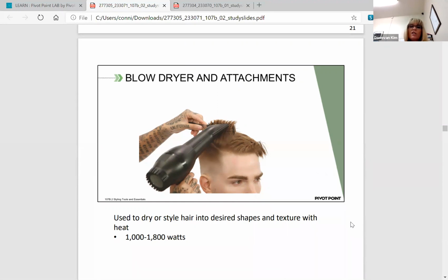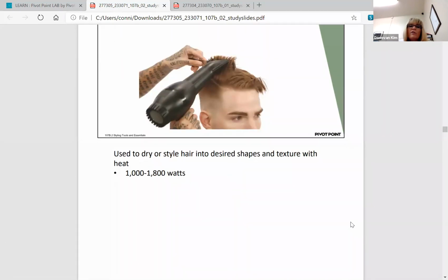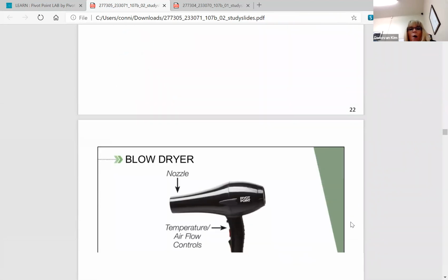It's a good thing to use if you just want to control a certain area and don't want to get air anywhere else. Blow dryers go from 1,000 to 1,800 watts, but there are some out there that are even higher. I've seen 2,000, and I've heard they even go up to 2,500. I think that's really high, so we'll have to see what happens with that.